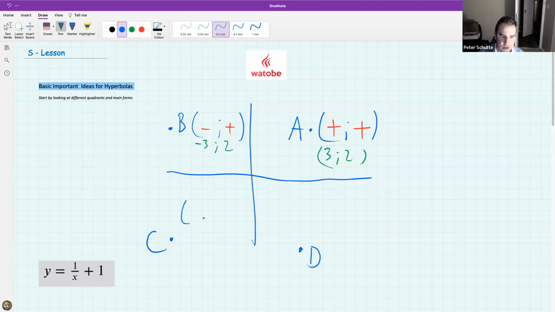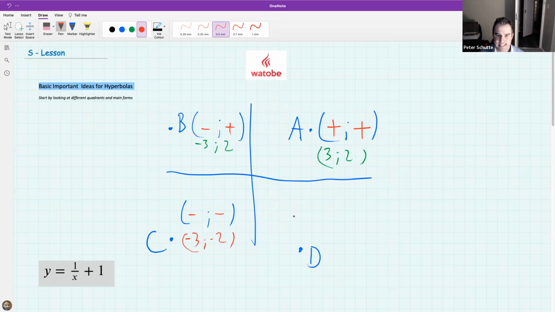Okay. What about point C? What do I know about the signs for that? So in quadrant 3, both of those would be negative. So maybe if I was making up a point, it could be something like -3, -2.